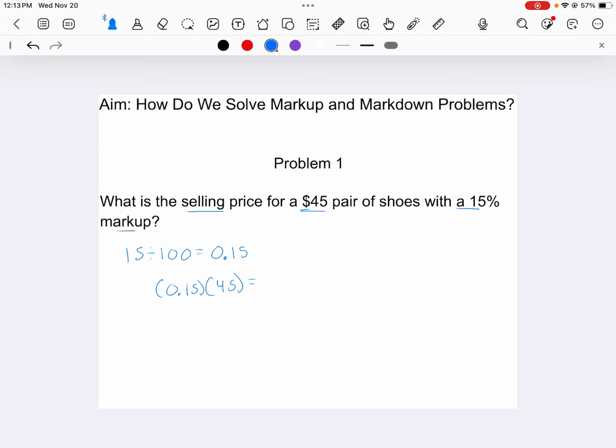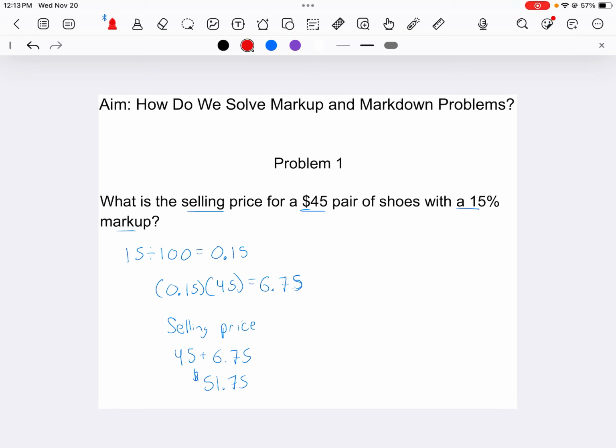So 15% or 0.15 times 45 is 6.75. So that means that the new selling price is going to be the $45 plus the $6.75 to give us $51.75.